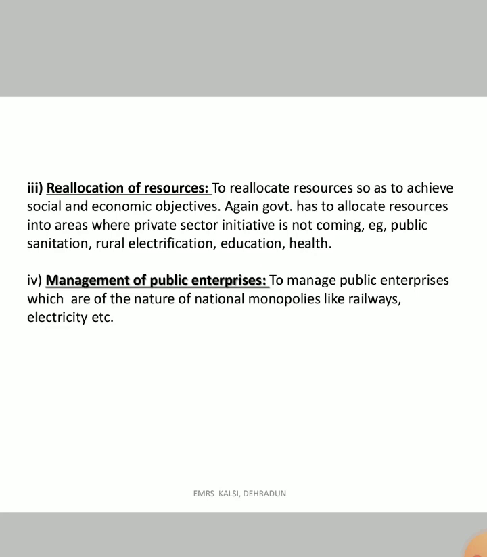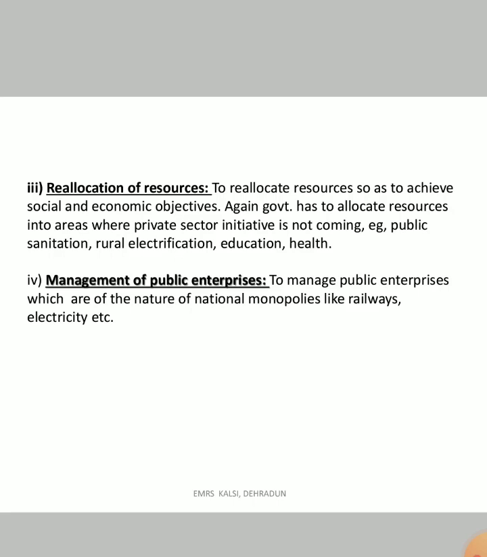If railways get privatized, then the transport charges will become costlier, and it will affect the common people. So government tries to maintain the monopoly in a few sectors so that they can provide basic facilities to the people.